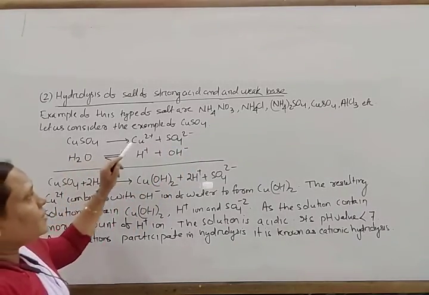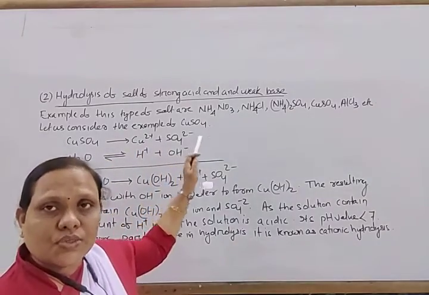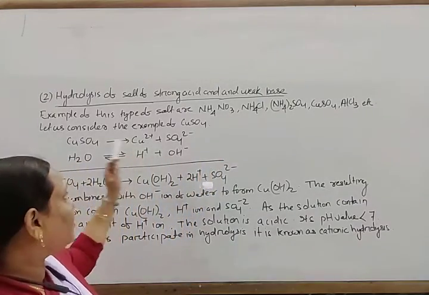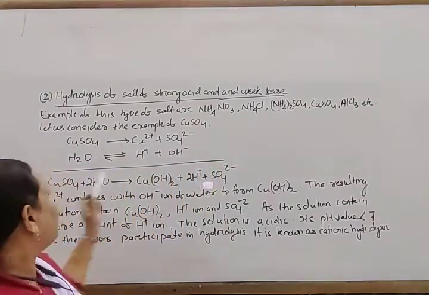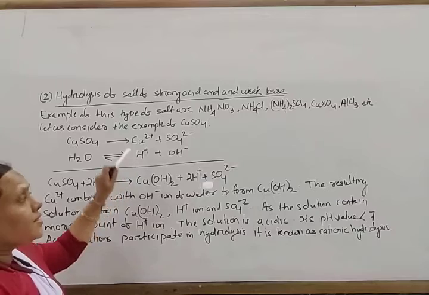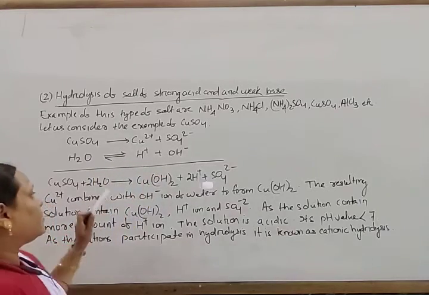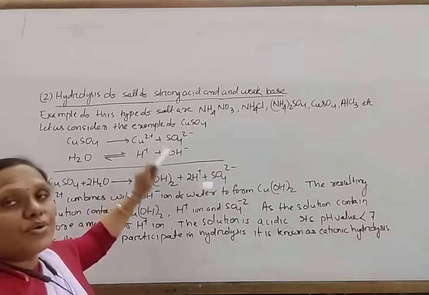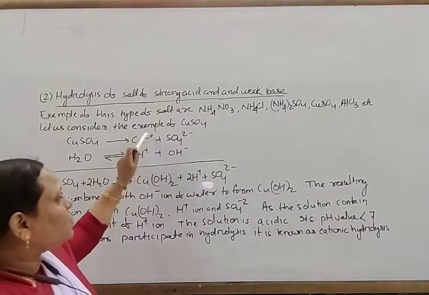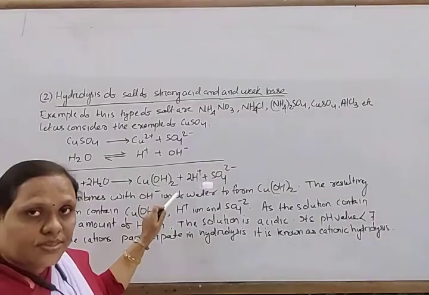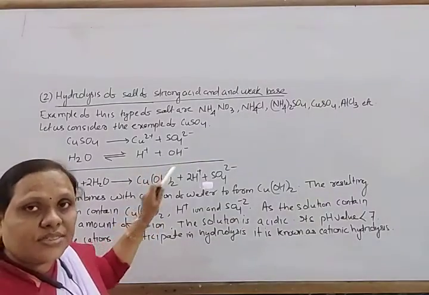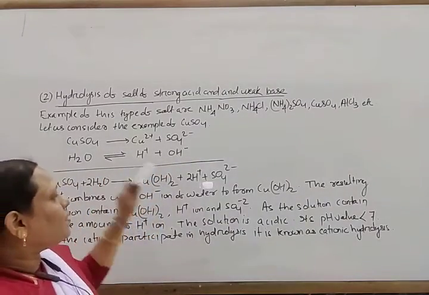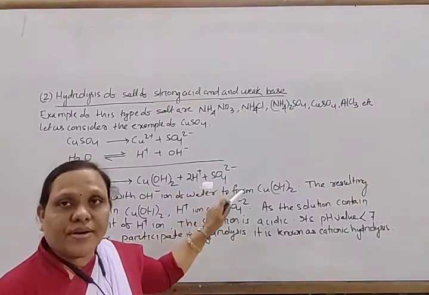Copper sulfate gives rise to Cu2+ and SO4 2-, being a strong electrolyte, it dissociates completely, and water being a weak electrolyte gives H+ and OH- ions. Here Cu2+ and OH- form a weak electrolyte, and these two combine to form copper hydroxide, where the OH- ions are used up and the solution contains H+ and sulfate ion.